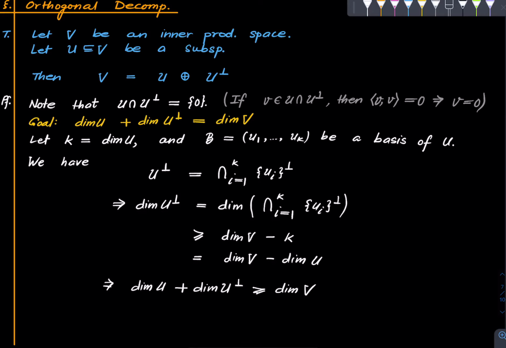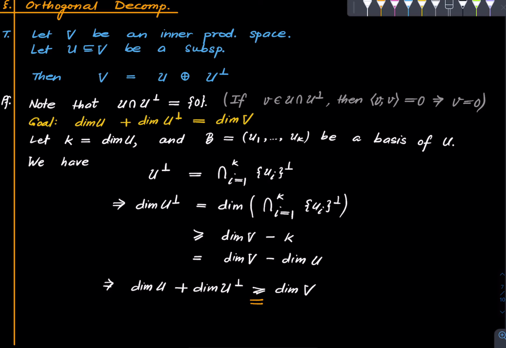But since U and U perp intersect trivially, the reverse inequality is obvious, and therefore this is actually an equality, and we are done. So that proves our goal, and this proves the orthogonal decomposition theorem. Any vector space can be written as the direct sum of a subspace and its orthogonal complement.